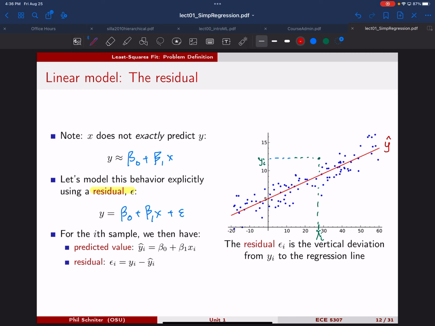From y hat to what? Yes, exactly. So this distance from the line up to here is that epsilon i. So the residual is the vertical deviation from the point to the regression line.